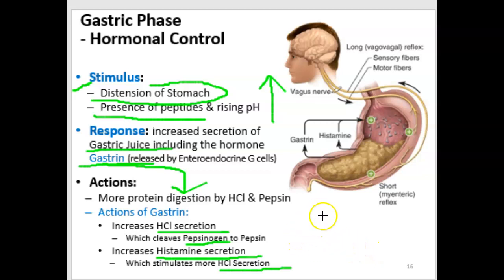So the ultimate action of gastrin right away, this hormone, is to lower pH. That's the first thing that's going to happen. And of course, pH in and of itself, or hydrogen ions I should say, help break down proteins. But in addition, the hydrochloric acid cleaves pepsinogen into pepsin, which also breaks down proteins.